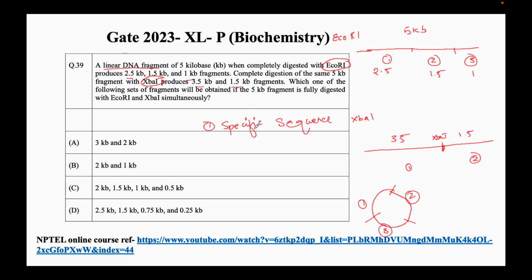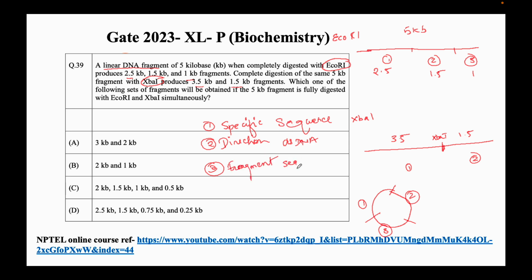Okay, because there is no direction given to us. Direction of the linear DNA is not given to us, right? Also they haven't mentioned any specific sequence recognition, that it will be cleaving in the far right end or the far left end. So this sequence specificity is not given to us.